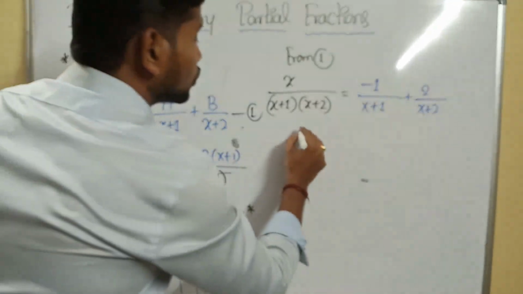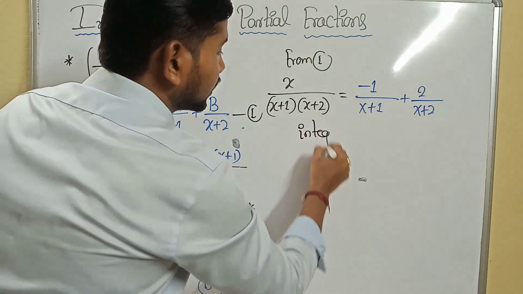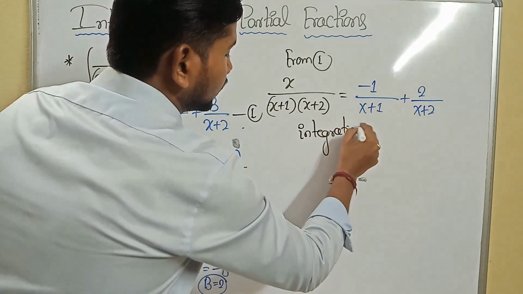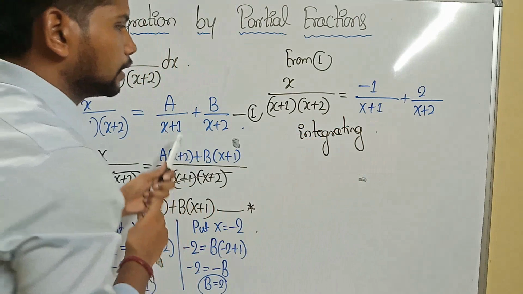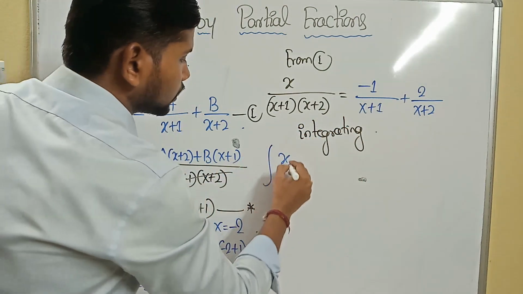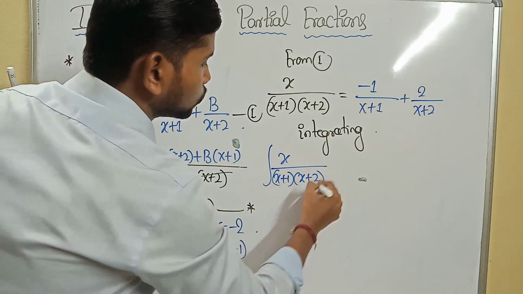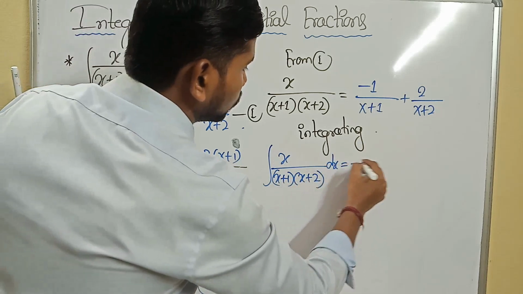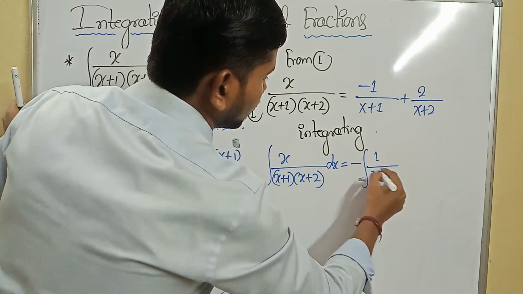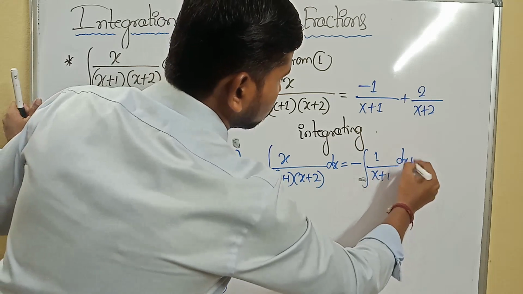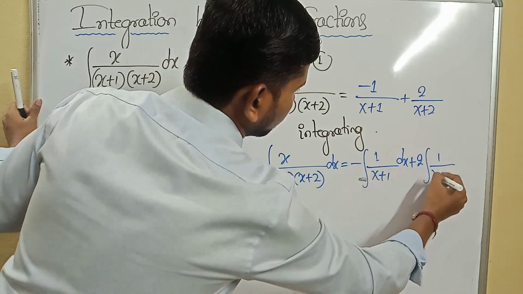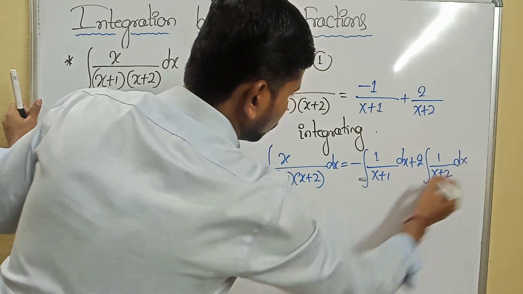Okay, after this one, integrating, it will be the integral of x divided by (x plus 1)(x plus 2) dx, which is equal to minus 1 divided by x plus 1 dx plus 2 times the integral of 1 divided by x plus 2 dx.